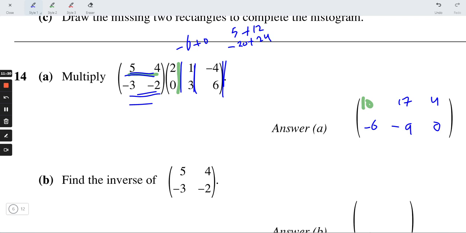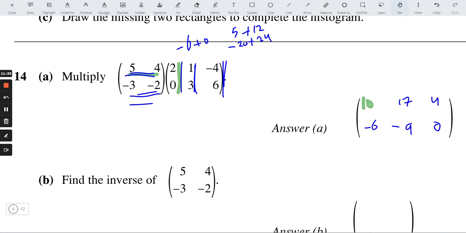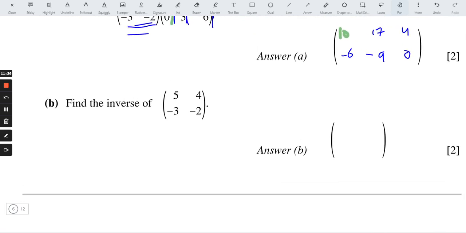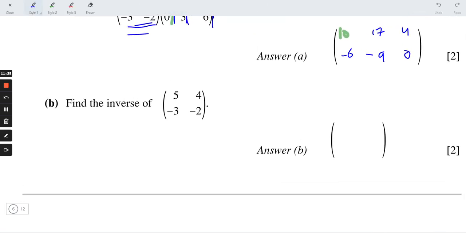Yes, now find the inverse. Find the inverse of this matrix. This matrix is a 2 by 2 matrix. We need to find the determinant, so the determinant is 5 times minus 2 is minus 10, minus 4 times minus 3 is minus 12.